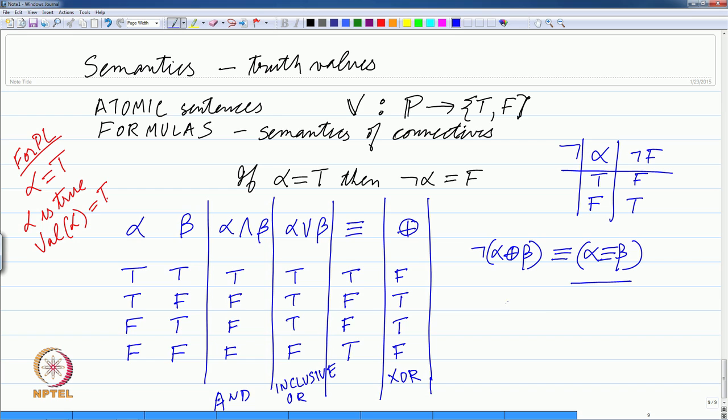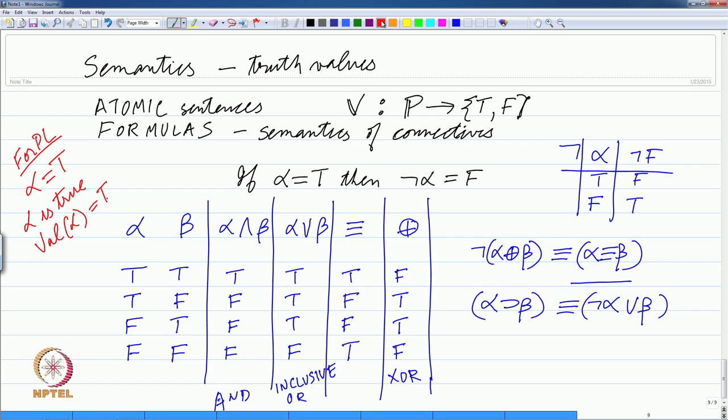One equivalence that we will often use is that instead of saying that alpha implies beta, we can say not alpha or beta. So, I have not defined implication here, but I will leave it as a small exercise for you to define implication and the others.